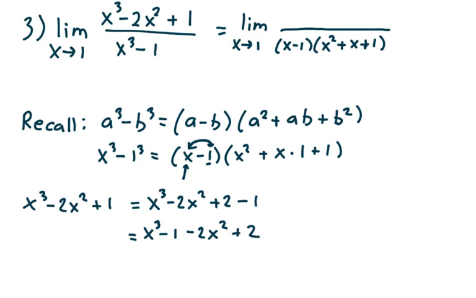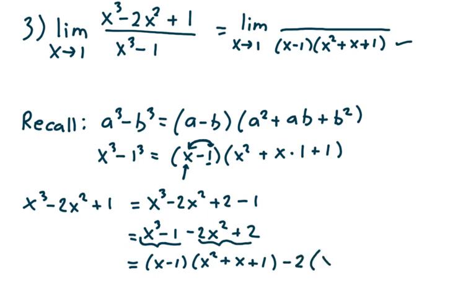Now, what I want to do is look at these first 2 terms. That's a difference of cubes. And so this is x minus 1 times x squared plus x plus 1. We just did it right here. And then I want to look at the second 2 terms, and I'm going to factor out a negative 2.